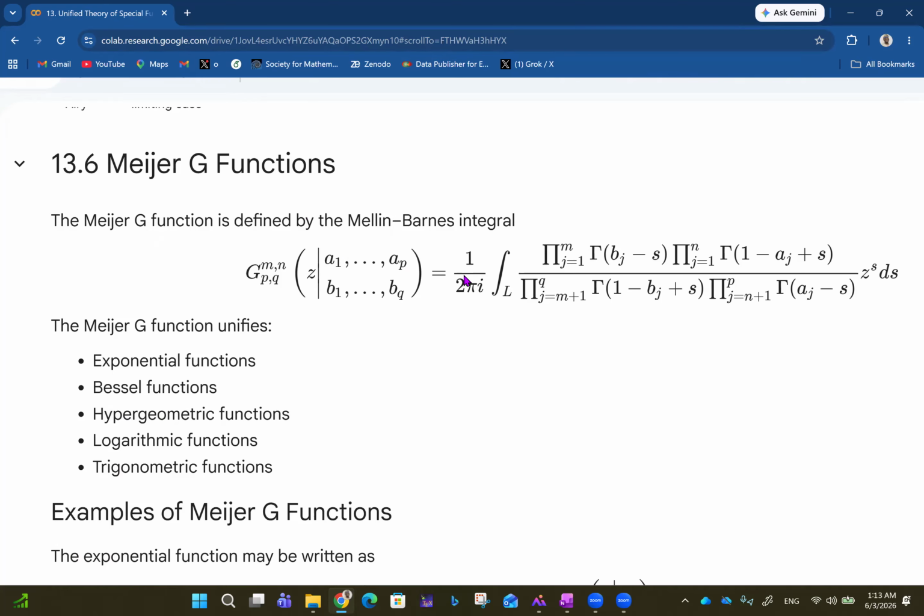And this is equal to 1 over 2 pi i, integral along L, of this whole expression. So the Meijer function unifies exponential functions, Bessel functions, hypergeometric functions, logarithmic functions, and trigonometric functions. So in one place, you have everything put together: exponential, Bessel, hypergeometric, logarithmic, and of course, trigonometric functions.